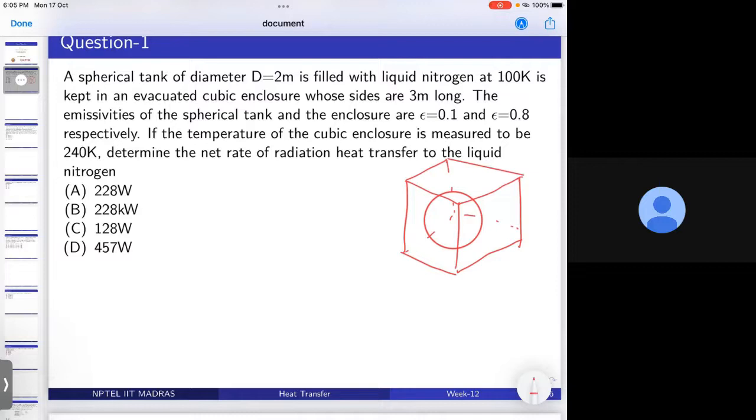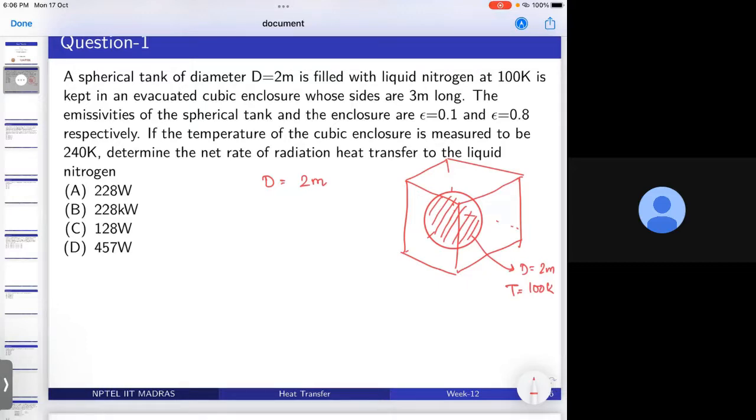The diameter of the spherical tank is given as 2 meters. This is the spherical tank we are talking about, and the temperature of this tank is 100 Kelvin. And this is evacuated, which means that between this spherical tank and this cubic enclosure, the only mode of heat transfer is radiation. So the convection and all is arrested.